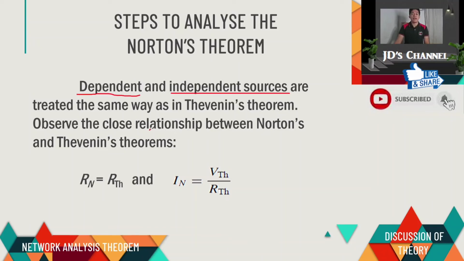Observe the close relationship between Norton's and Thevenin's theorem, wherein our RN is equal to our RTH and our IN is equal to VTH over RTH. So we should get our VTH and our RN, since RTH is equal to RN.